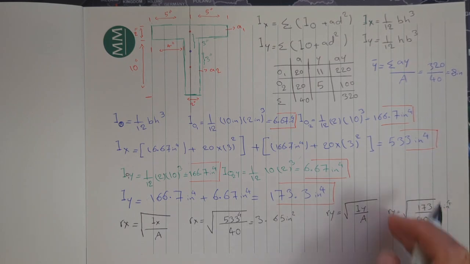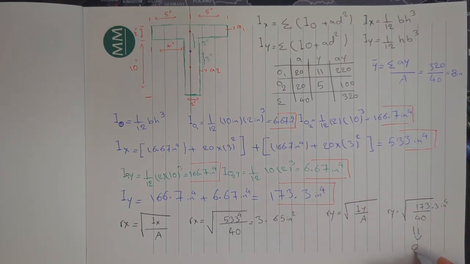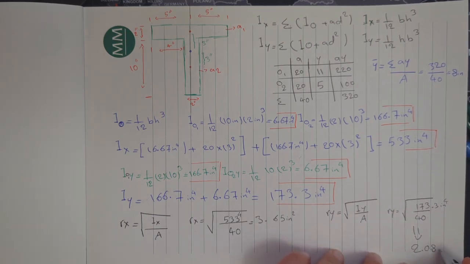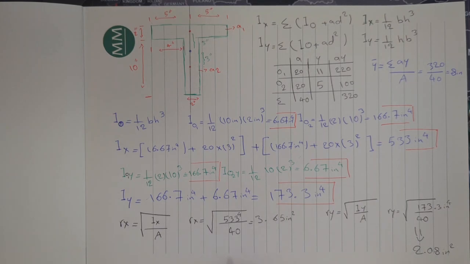Oh, that's difficult. Where should I write down the answer? So the answer for Ry is going to be 2.08 inches. I want to do all of it in one page, so I don't want to go to the next page.